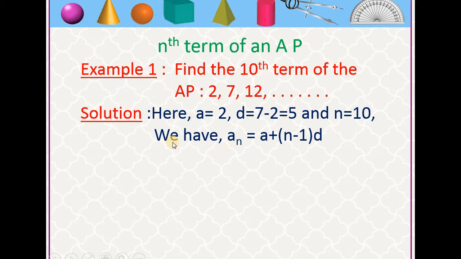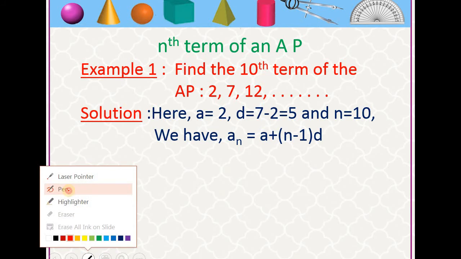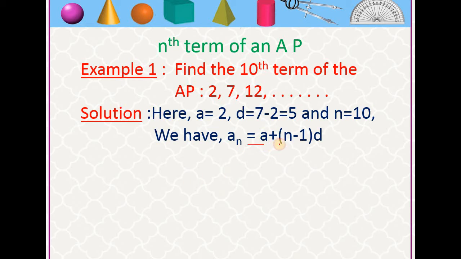We know that a_n is equal to a plus (n minus 1) into d, where a_n is the last term, also called L. Here a_n is the 10th term, a is the first term, n is the number of terms, and d is the common difference. This formula is called the nth term, or the general term, of an arithmetic progression.